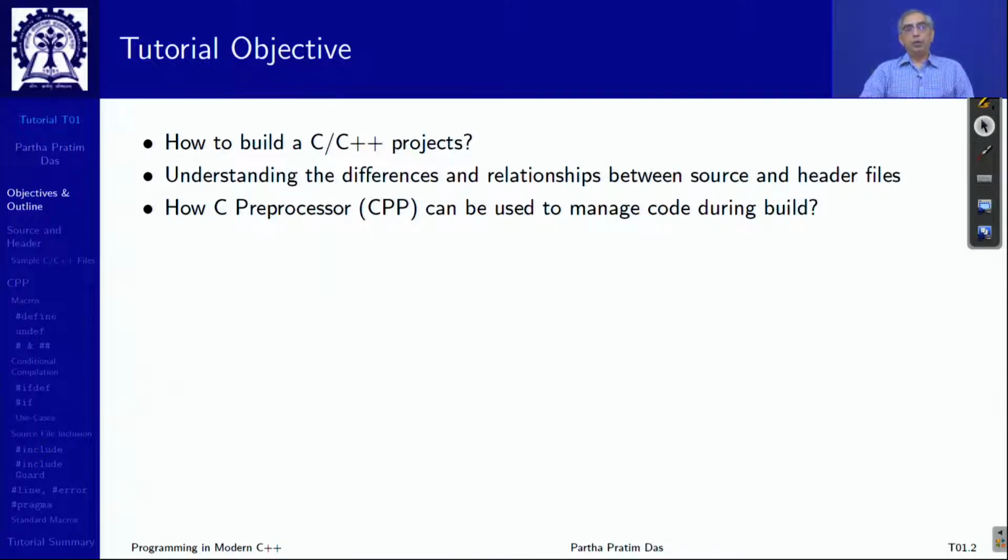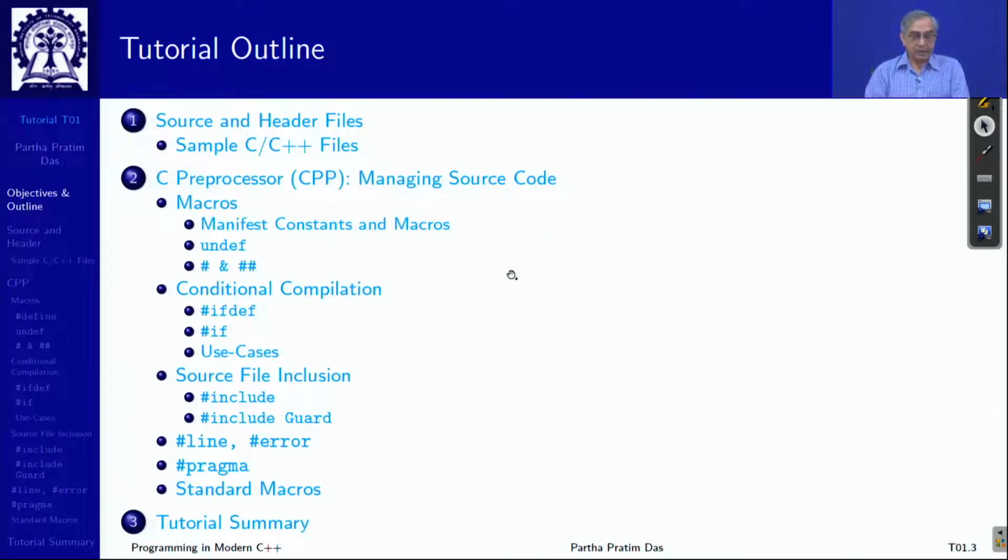So, we will initially have a series of 4 tutorials over which we will discuss different ways to build and manage C projects. In the first one, we will talk about source and header files and the C preprocessor. That is the basic.